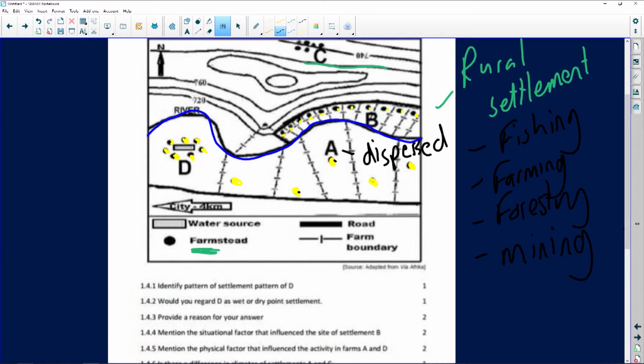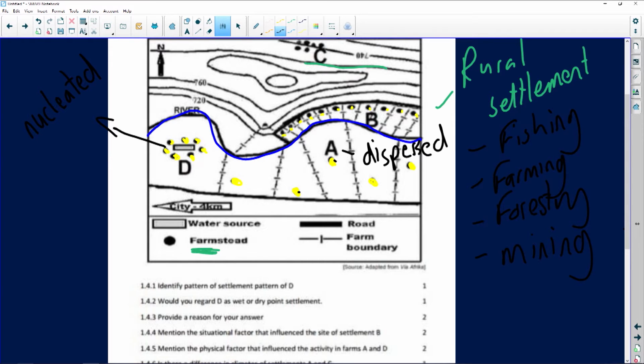As you can see, they're quite far away from one another. If we look at settlement D, there's a bunch of houses close to one another. We say it's a nucleated settlement.